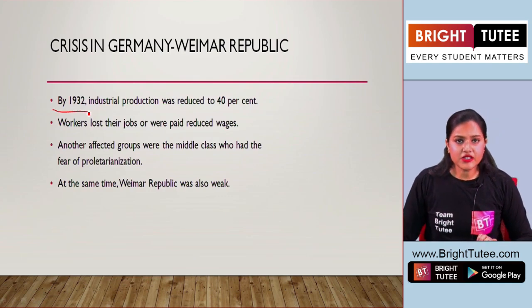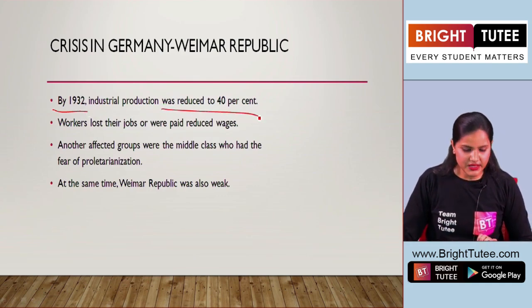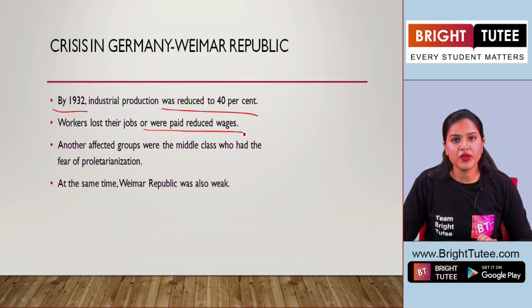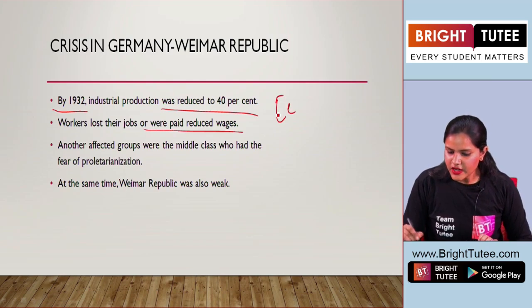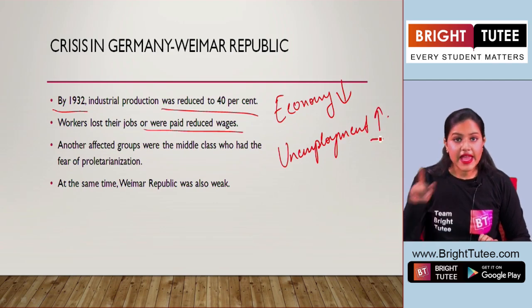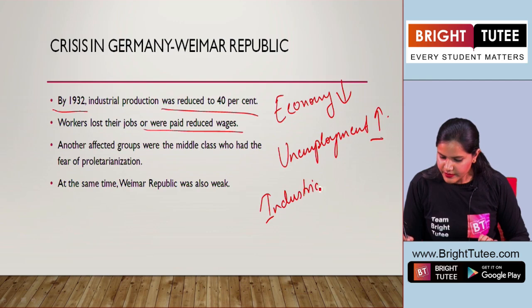By 1932, we see that the industrial production was reduced to 40%. Workers had lost their jobs and were paid reduced wages. Since the economy here is going down, it means that unemployment was on the rise.